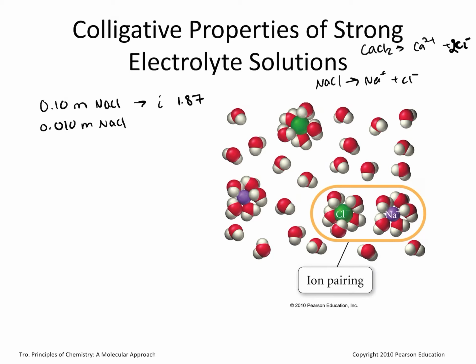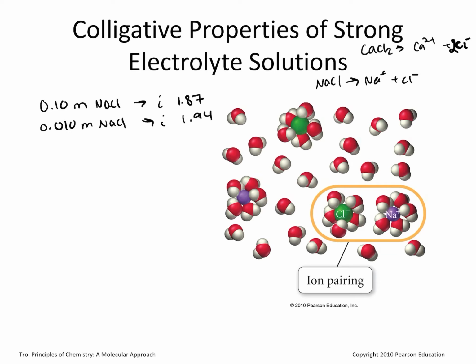So when we have 0.1 molar sodium chloride, more concentrated, the Van't Hoff factor is 1.87. When we have an even more dilute solution, because you have less salt, it is 1.94. The Van't Hoff factor approaches the expected value at infinite dilution, so as the concentration approaches 0. There's always a table of the measured and the expected Van't Hoff factors for different electrolyte solutions.